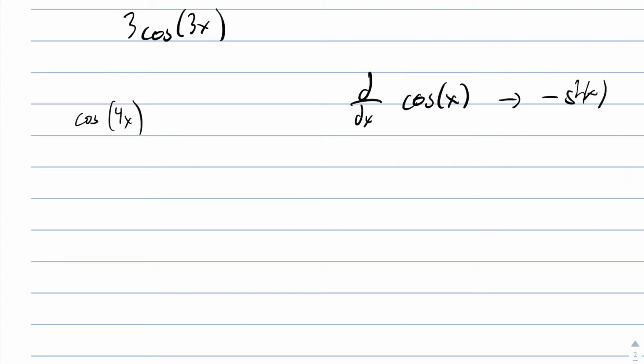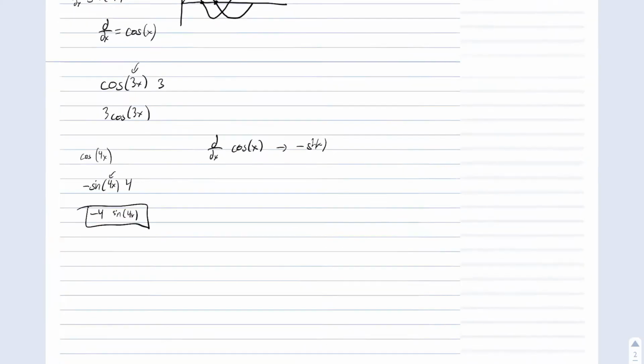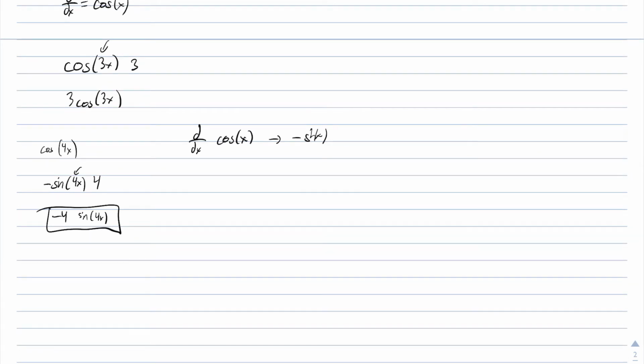So cosine 4x, negative sine 4x, take the 4 out, put it right there, negative 4 sine 4x. That's all I got for you today. Practice the chain rule a bit. It's pretty easy.